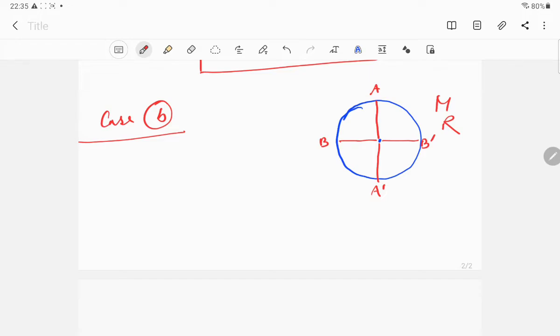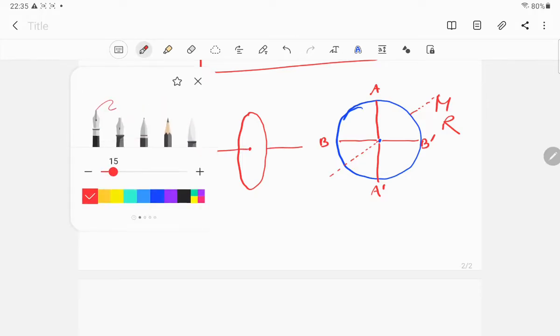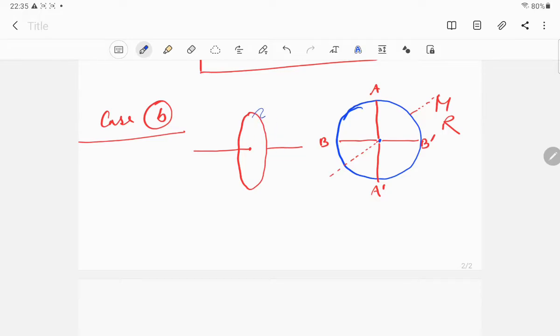Already we know the moment of inertia about an axis perpendicular to its plane and passing through its center. So we can look at this diagram like this also. This is the center. Now they are asking you to find out the moment of inertia about the diameters. So this is one of the diameters, and this is one of the diameters.